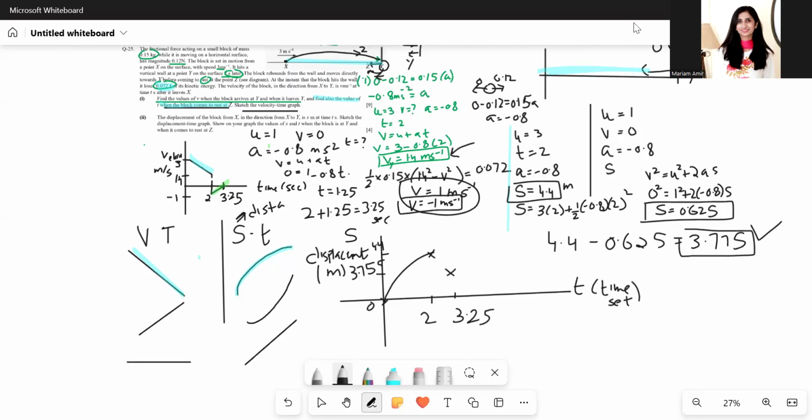And the curve would now be like this. Let me try to do a better job here. Okay, this would be the curve. So this is the displacement time graph.